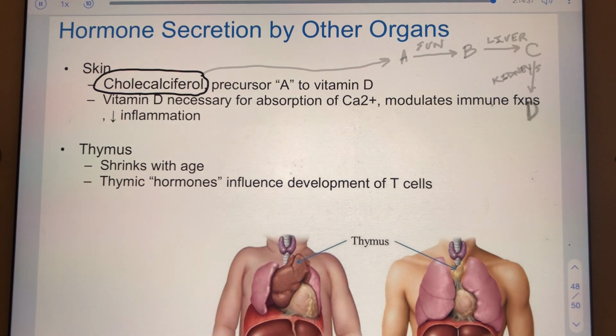Okay? And I also teach the ammonia pathway, but we'll come back to that. So let's go over that really quickly. In our epidermis, in particular, we house a cholesterol molecule that is a precursor to vitamin D, but it's a really, really early precursor to vitamin D.